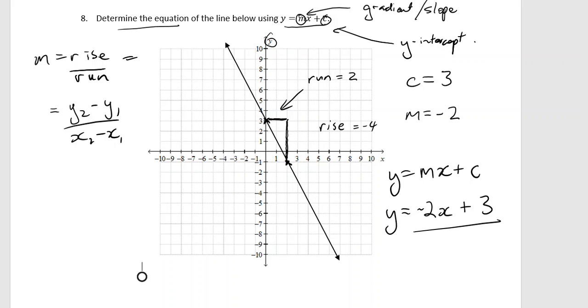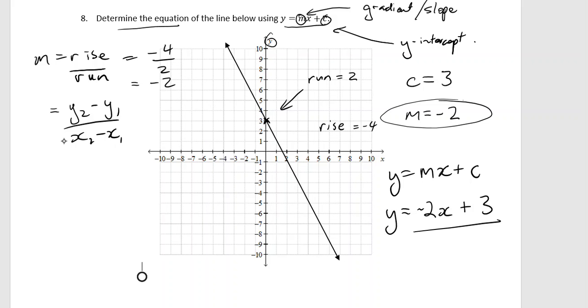So if we're just simply using rise over run, we've got our rise being -4 over our run, which is 2. When we simplify that, -4 over 2 is -2, which is what we got for our m anyway, just by looking at it, by saying going across for a run of 1. Essentially what I did there is I said, okay, I chose those 2 points instead. We had a run of 1 and a rise of -2.